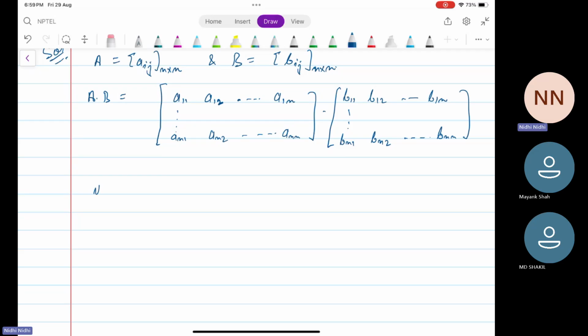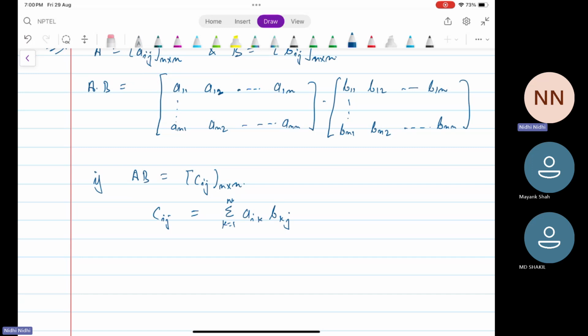So if AB is equal to Cij, n cross n, then we know that Cij is given by the summation of Aik times Bkj, k from 1 to n. We take the ith row of A and the jth column of B. That's how we multiply two matrices.